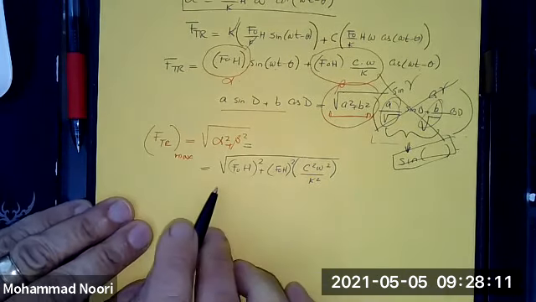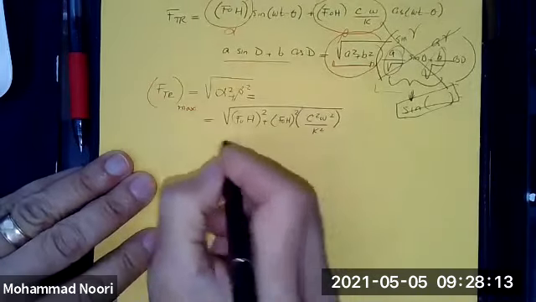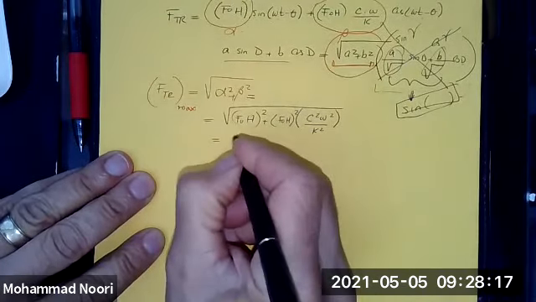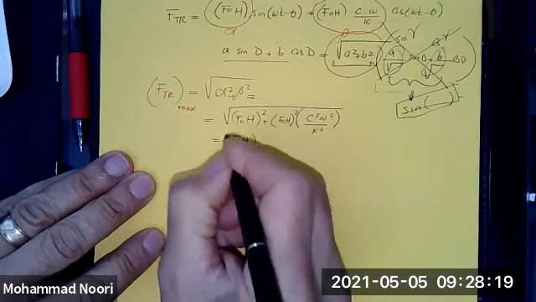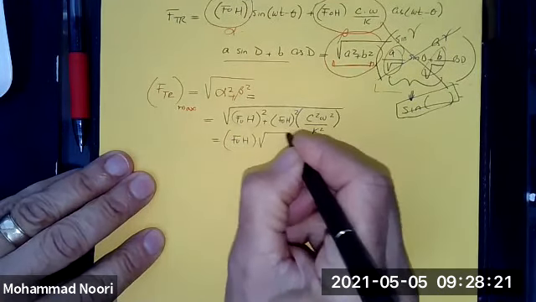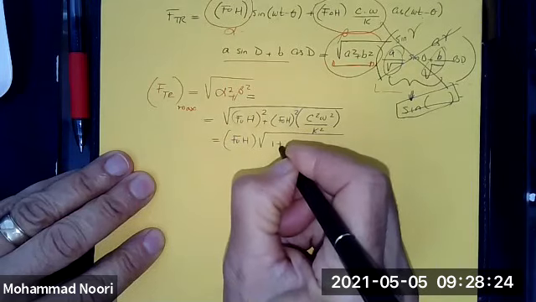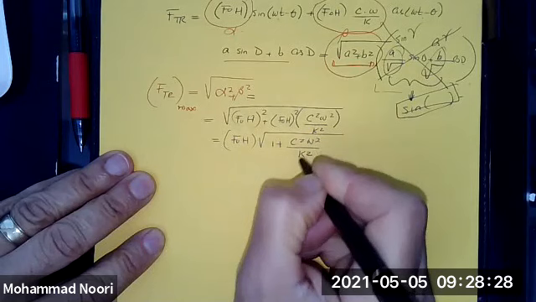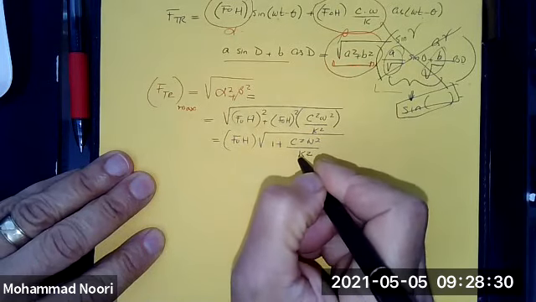Let me simplify this. F0 H factored out comes out of this radical, so I have F0 H times the square root of 1 plus C squared omega squared over K squared.